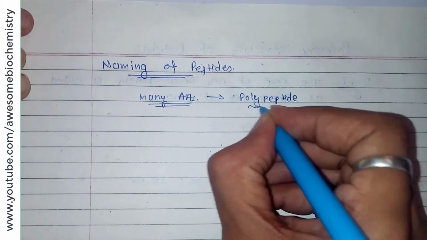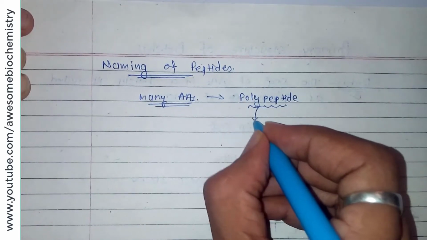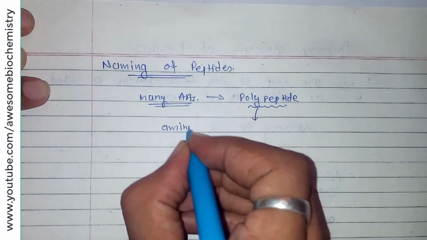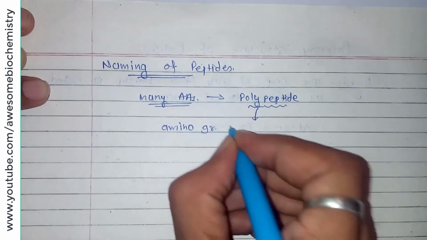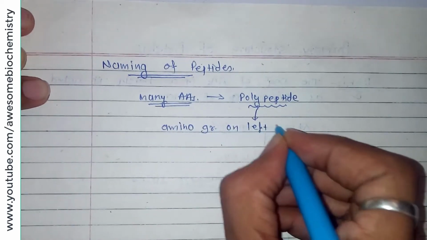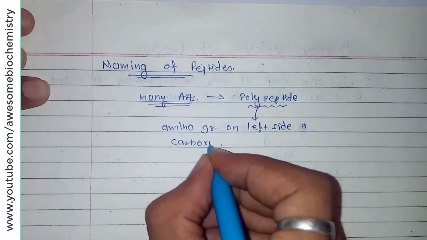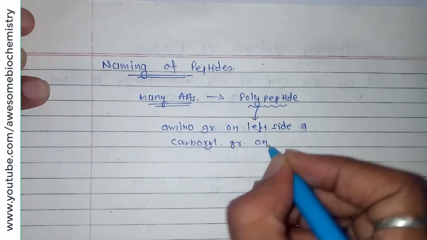Polypeptide. Now, whenever we write about the polypeptide, we always write the amino terminal, or the amino group, on the left side and the carboxyl group on the right side.